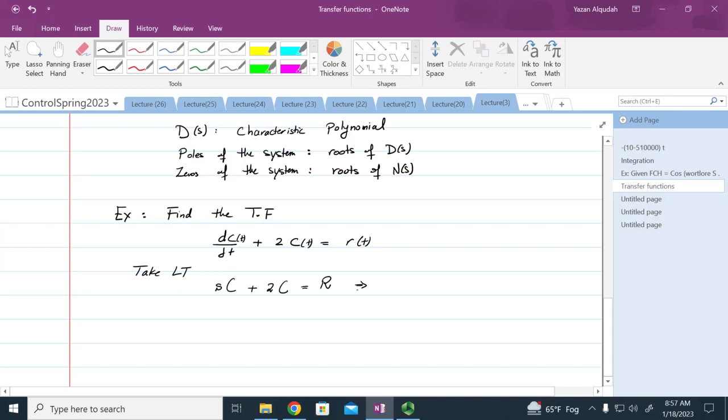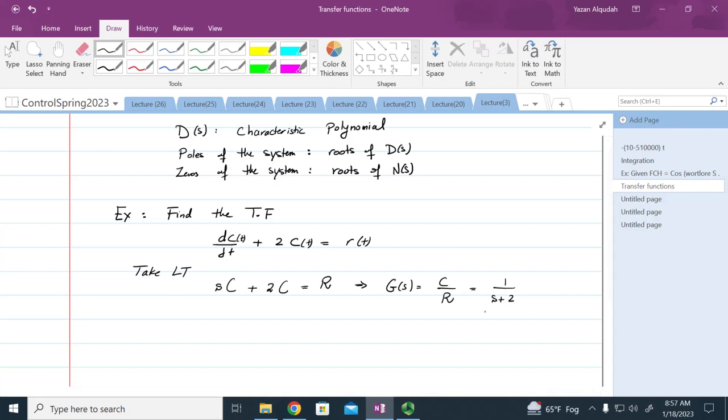What do we do next? We take the ratio of the output over the input. The transfer function G of s is going to equal C over R. And what is C over R going to equal to? 1 over s plus 2. Make sense?